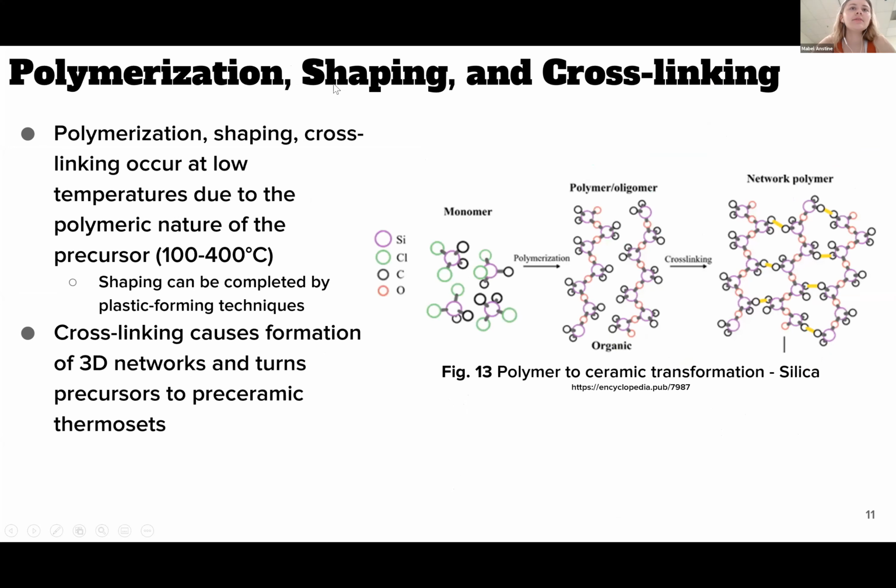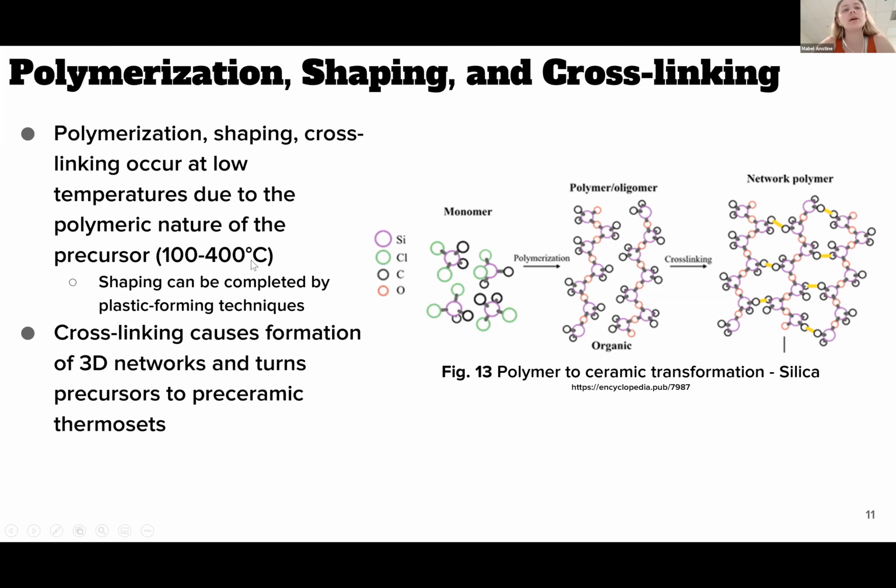And then as for the process of turning a pre-ceramic into a ceramic, first you're going to start with polymerization. So you're turning the monomers into polymers, and then you're going to do the shaping at this stage, while they're in the polymer stage, and then cross-linking will occur, and cross-linking can occur at very low temperatures, again, because of the polymeric nature of the precursor.